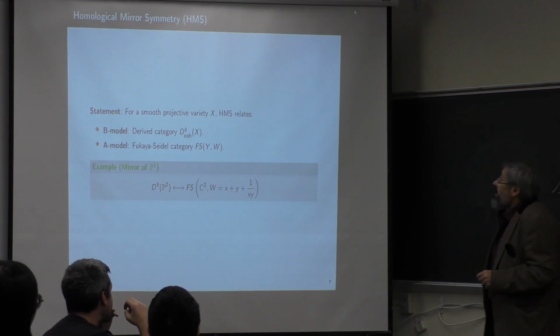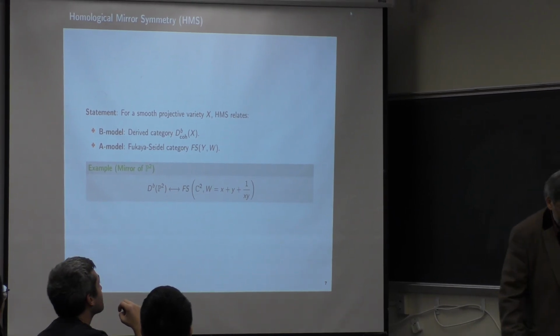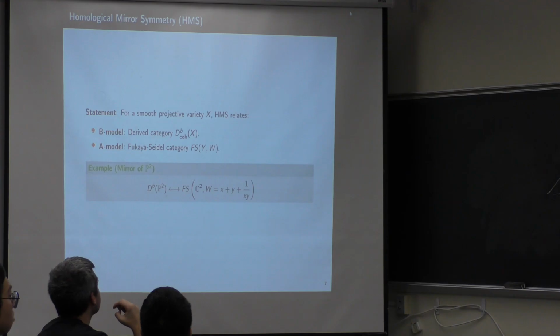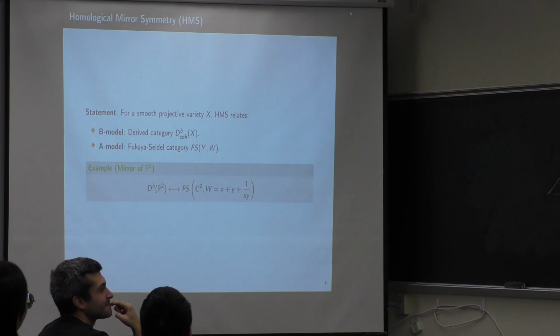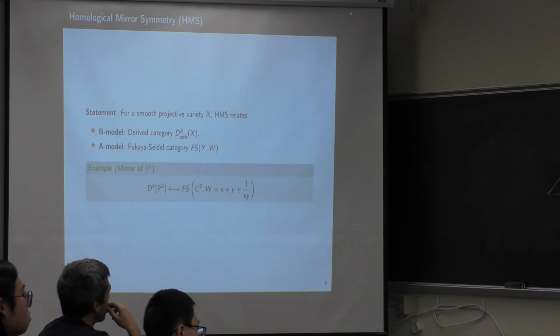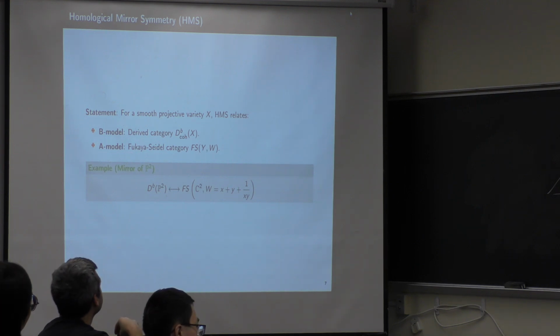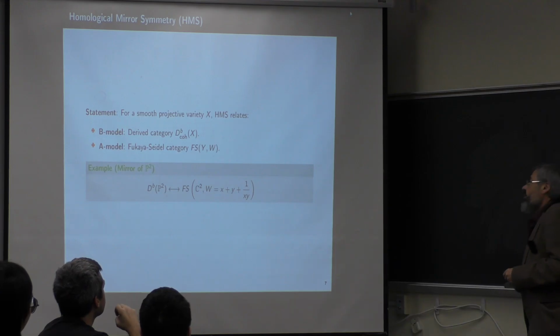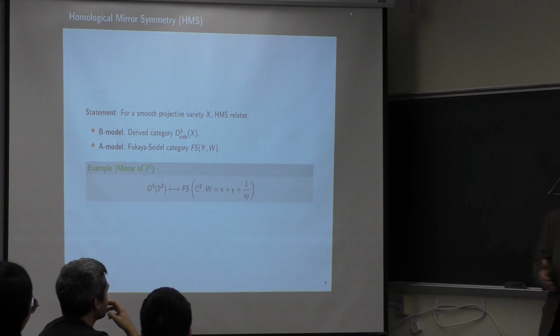So mirror symmetry basically corresponds to different models of the same variety. One is where we think of this variety as an algebraic variety, let's say a hypersurface in Pn. And the other is where we associate the so-called A-model, a symplectic manifold, with a certain category associated with it.